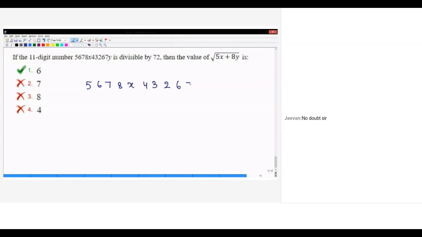If I apply the divisibility rule of 8, we know 32 is divisible by 8. Therefore, y is 2.